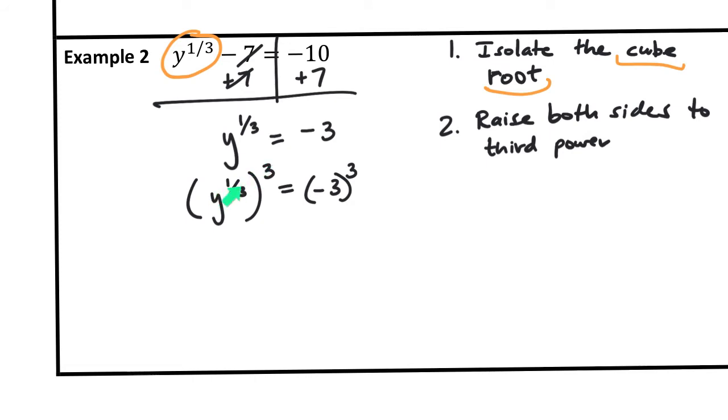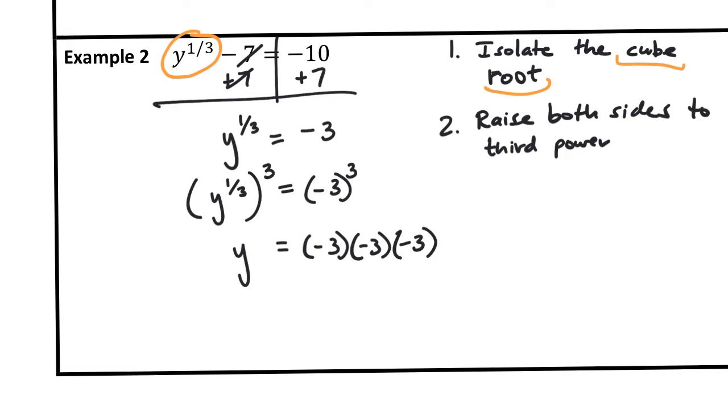They cancel out, and I'm left with y equals, and what is -3 times -3 times -3?